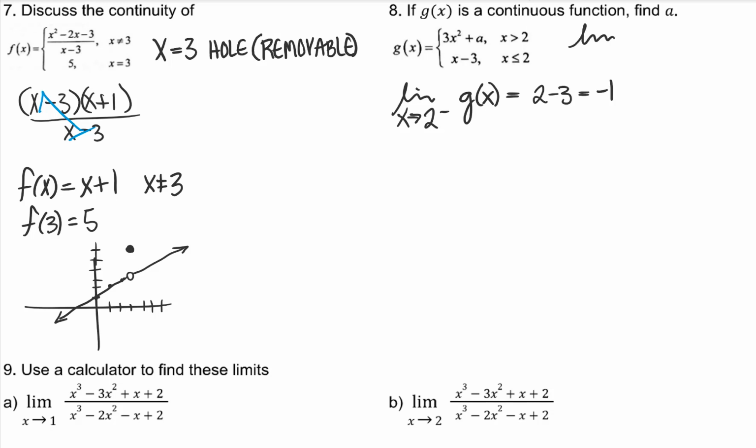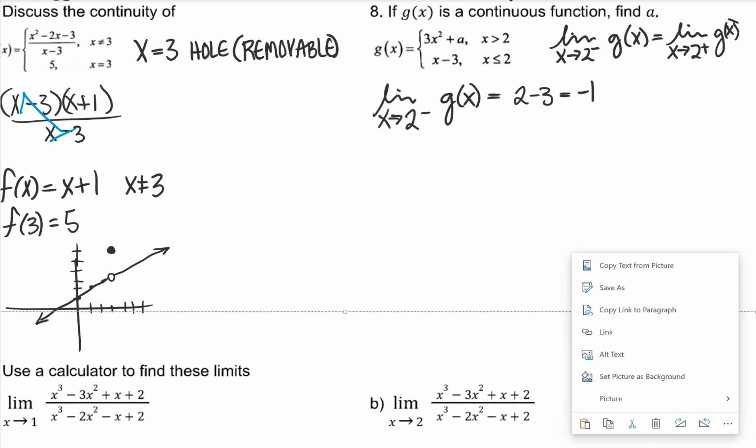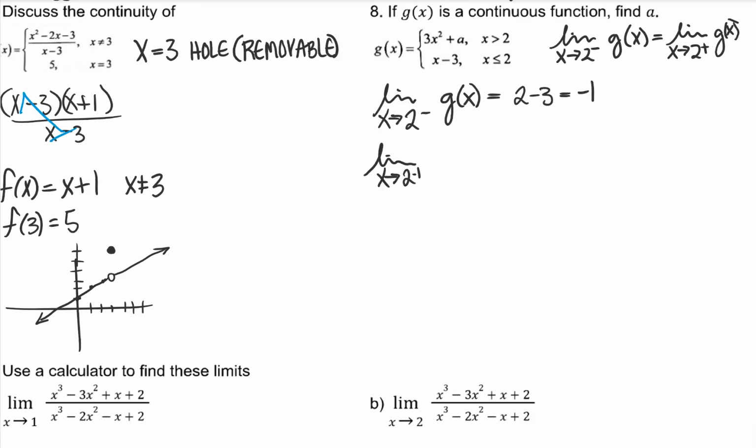The limit as x approaches 2 from the left of g of x has to equal the limit as x approaches 2 from the right of g of x in order for this function to be continuous. The limit as x approaches 2 from the right of g of x needs to equal -1. If we're approaching 2 from the right, then we're going to use this first piece to direct substitute. 3 times 2 squared plus a, and that still needs to equal -1. Now you have an equation you can solve.